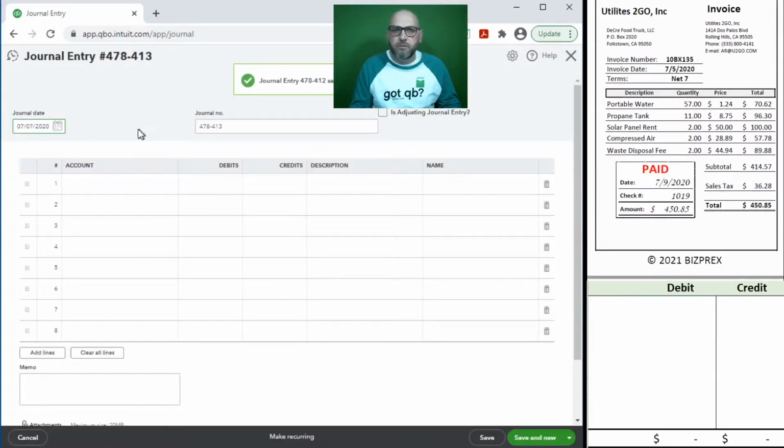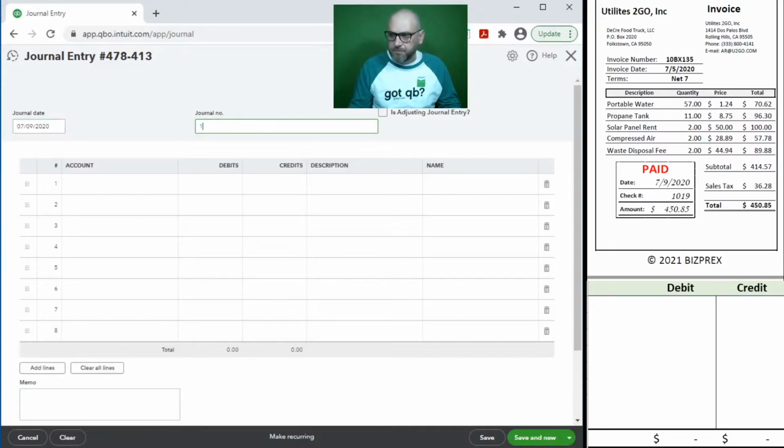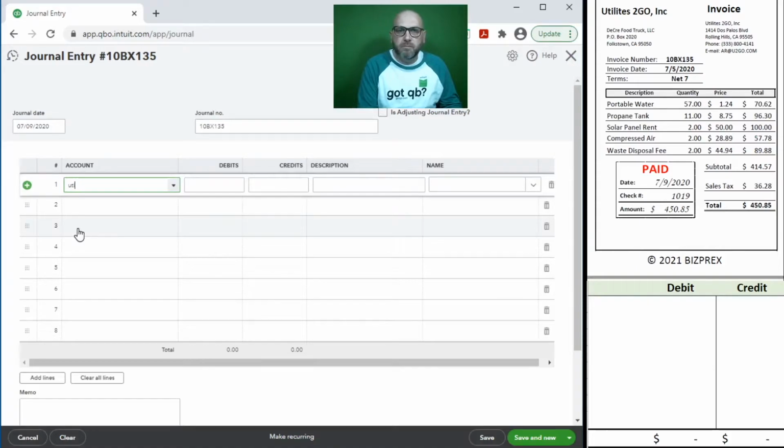All right, we have our utilities. Again, let's make sure we update the date. Okay. We know that our utilities expenses will go up, therefore we have to debit them.